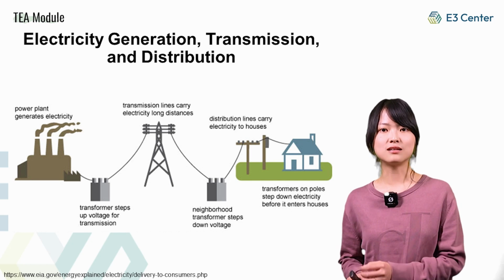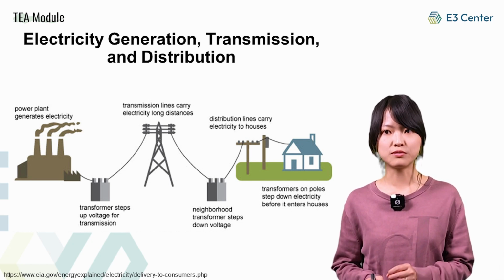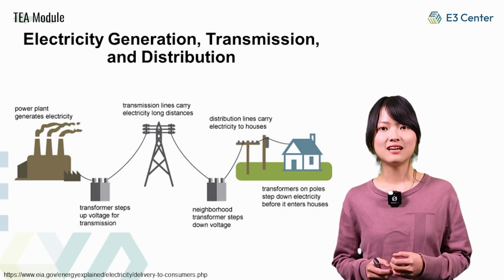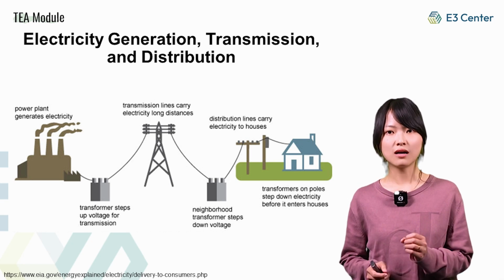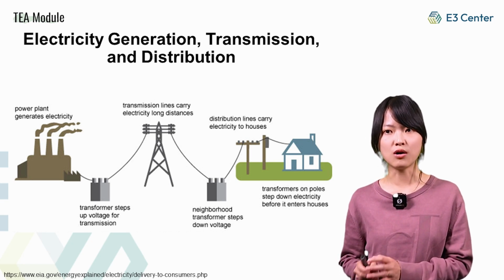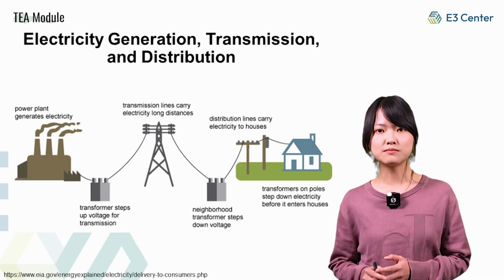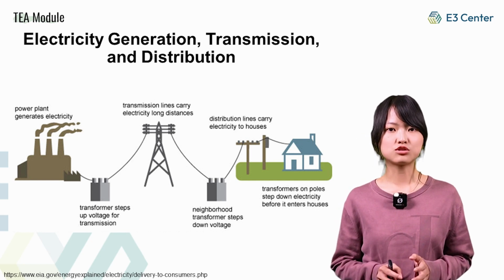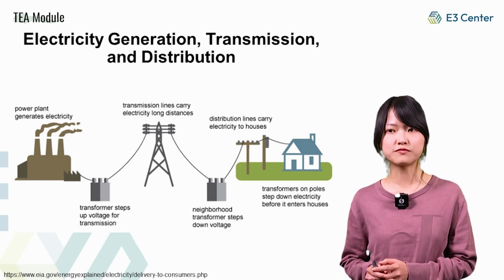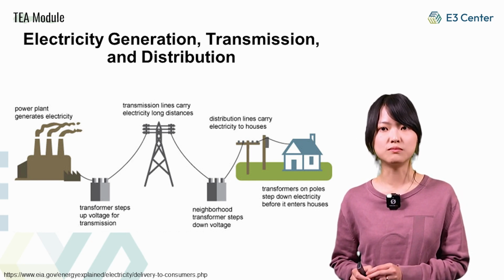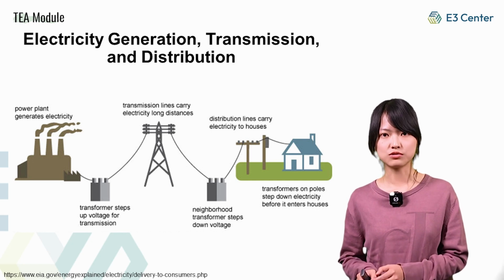The final leg of this journey is the distribution system. Here, electricity travels through lower voltage lines to homes and businesses. Smaller pole-mounted transformers in neighborhoods further reduce the voltage to make it safe for home use.